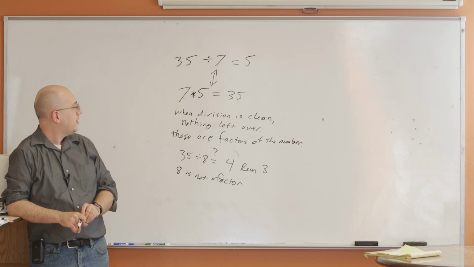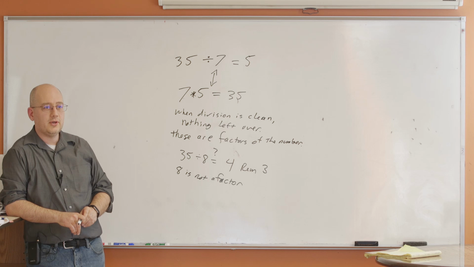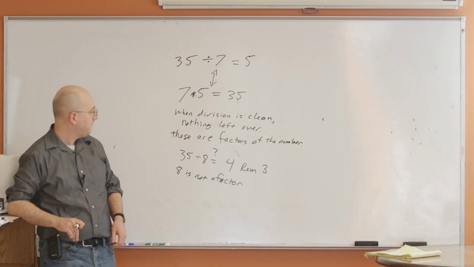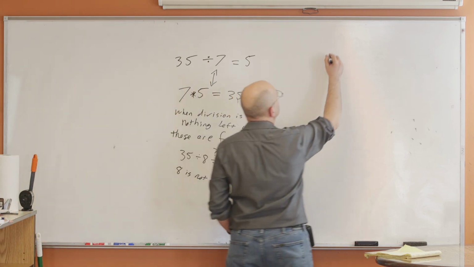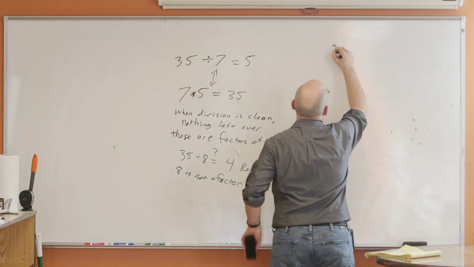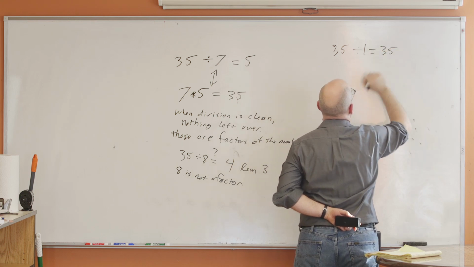So 35 can be divided by 7, can be divided by 5 cleanly. There are two other numbers I can divide 35 by, but they're kind of pointless. 35 divided by 1 equals 35.